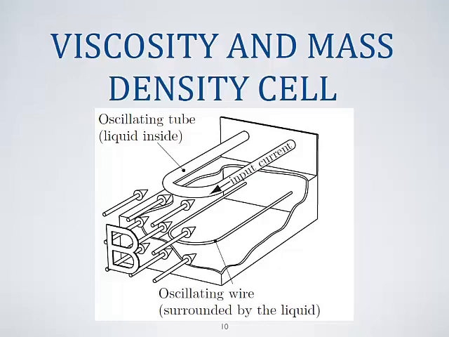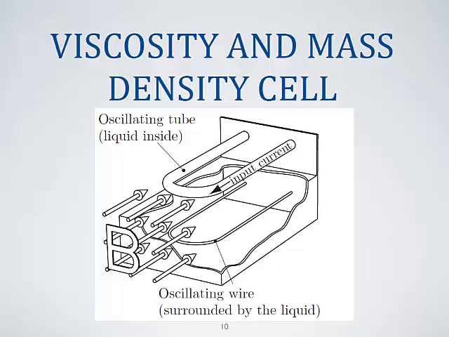The mass density sensor should consist of an oscillating tube, whereas the viscosity sensor should consist of a U-shaped wire, which is immersed into the liquid. Those who are familiar with mass density sensing will see that the mass density sensor is very similar to the commercially available CMA 5000 from Anton Paar.